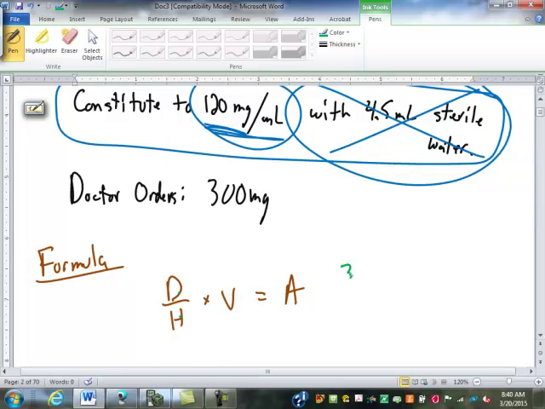So the orders, pretty simple, 300 milligrams. Our on-hand dose comes from the bottle, the 120 milligrams. And the tricky part for me has always been the vehicle. The vehicle is what carries the on-hand dose, what holds the 120 milligrams and carries it into the patient.